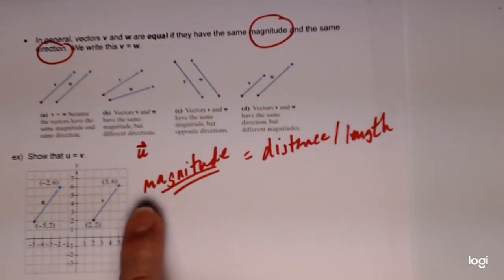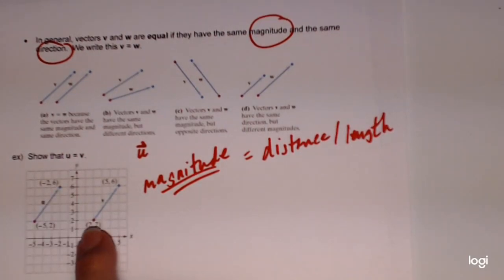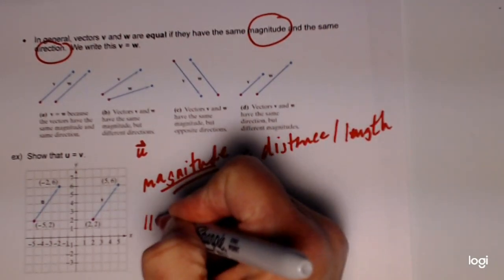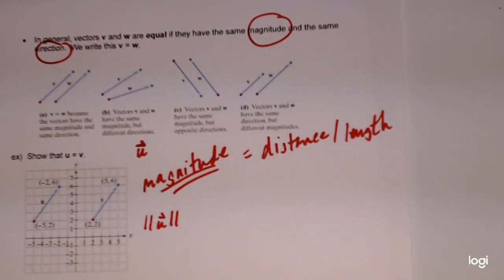So magnitude is the distance between this point and this point, and for this vector, this point and this point, or another way to think of it is the length. And so the notation we use for this is this thing that looks like almost two absolute value brackets. So first I'm going to look at vector V, and the length of this is the distance.